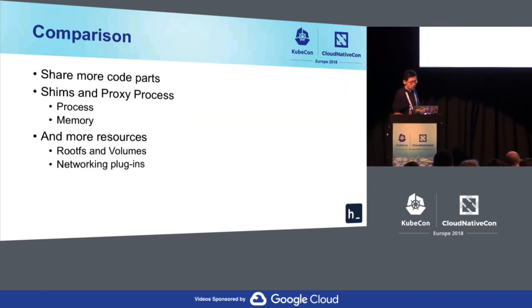For the comparison, with the CRI-O and containerd implementations we can share more code paths, but with Frakti we can save some shim and proxy processes, because we don't need one shim process per container and one proxy per sandbox.